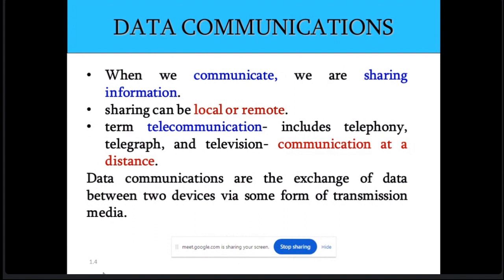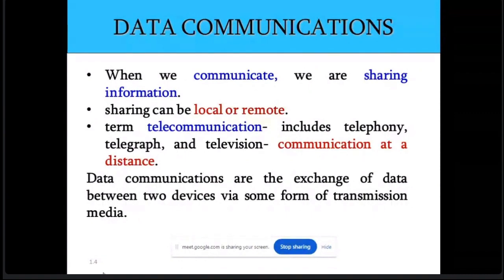If we do this face-to-face, then this communication is said to be local. While when the communication takes place over a distance, we use the term telecommunication, which includes telephony, telegraph, and television, which means communication at a long distance, at a far distance.